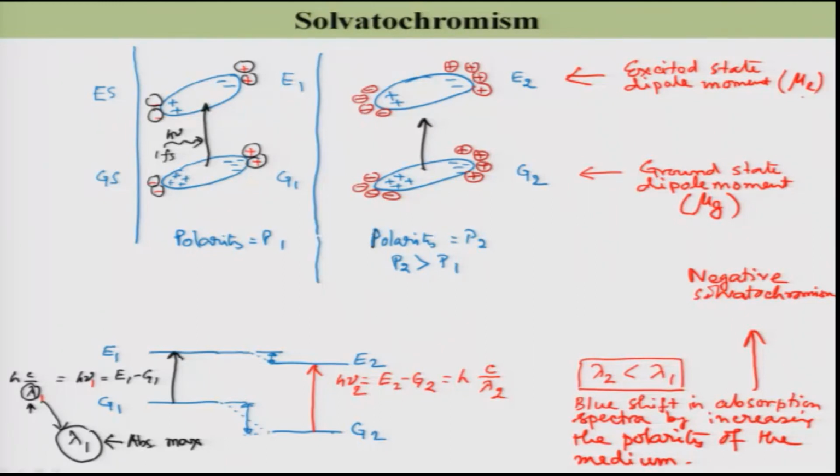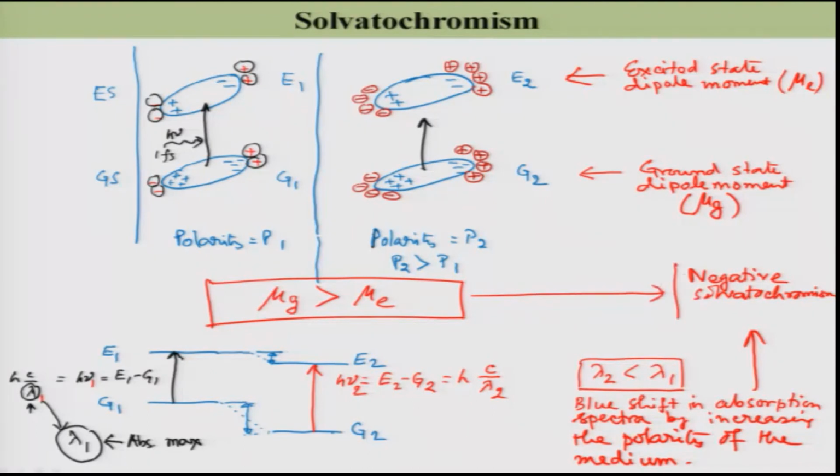In this case mu g is greater than mu e. In the big box let me write mu g is greater than mu e, and that leads to this negative solvatochromism.